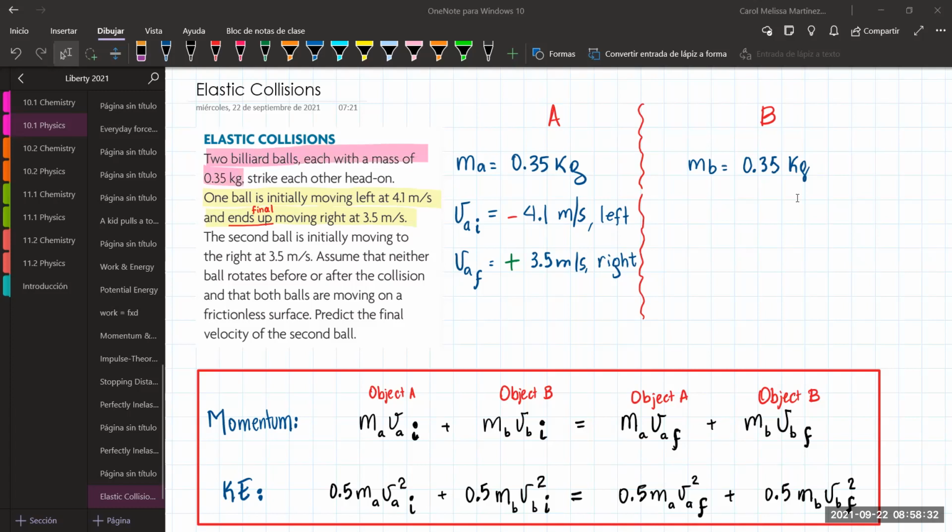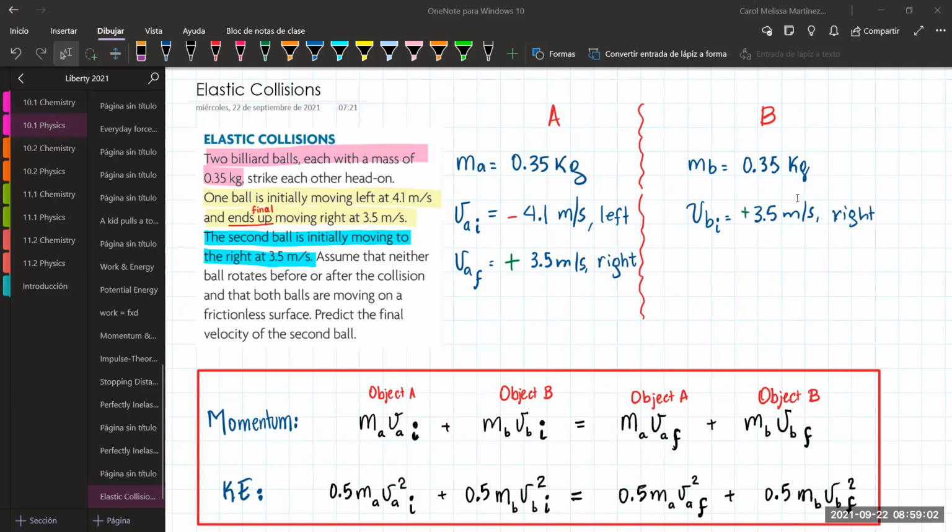Now I'm talking about the second ball. The second ball is initially moving to the right at 3.5 meters per second. I'm going to write this data, okay? Velocity of the object B initial is equal to 3.5 meters over second to the right, because right is positive.